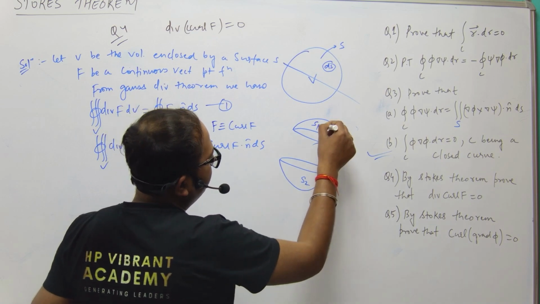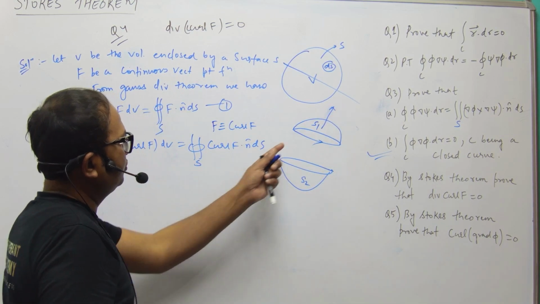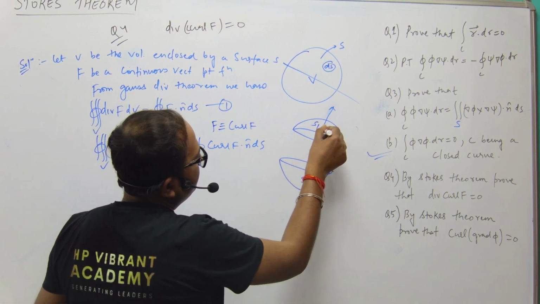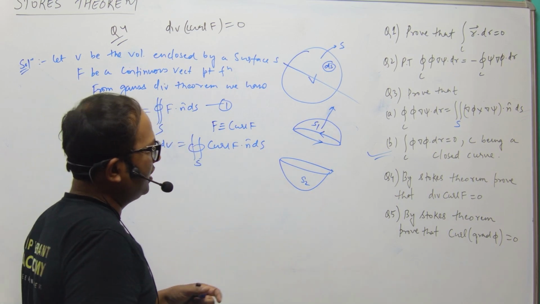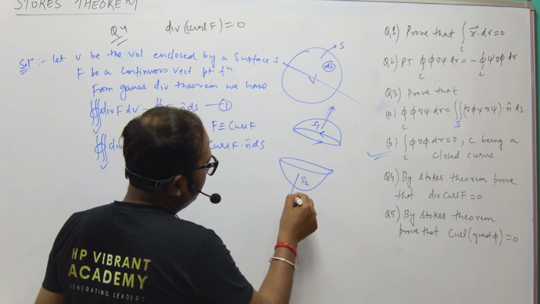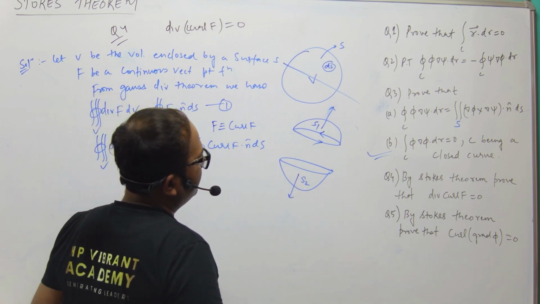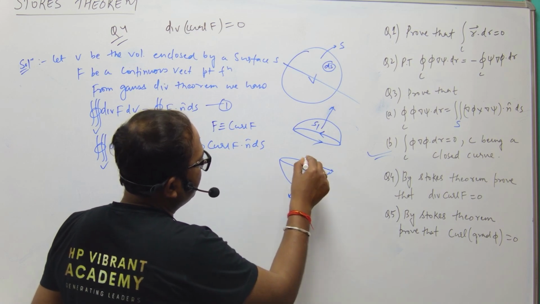Since the outward normal n cap is in this particular direction, the order of this curve will be in the anti-clockwise direction. For the surface S2, we have n cap in this particular direction. The order of this will be in the clockwise direction.